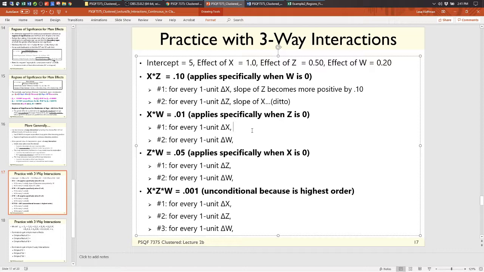How about this one? For every 1 unit change in x, what happens? Slope of w becomes more positive by 0.01. This one?